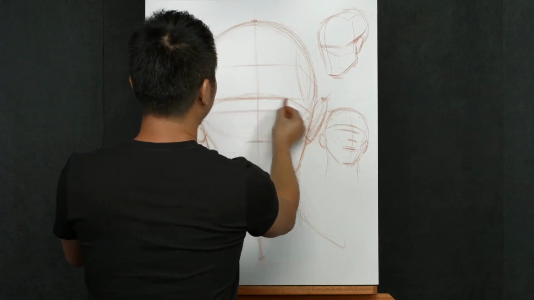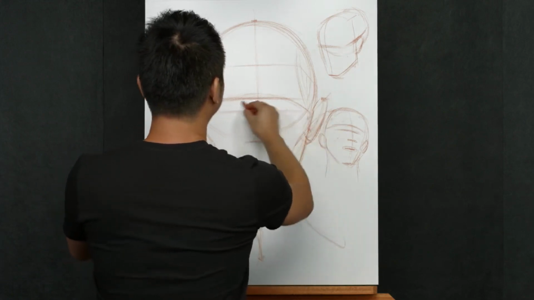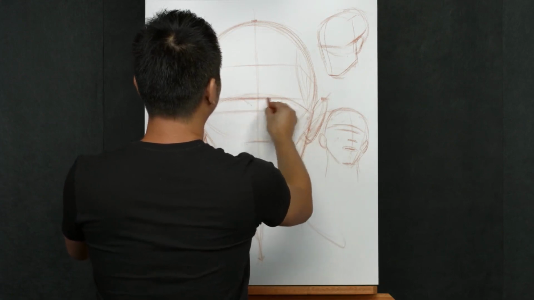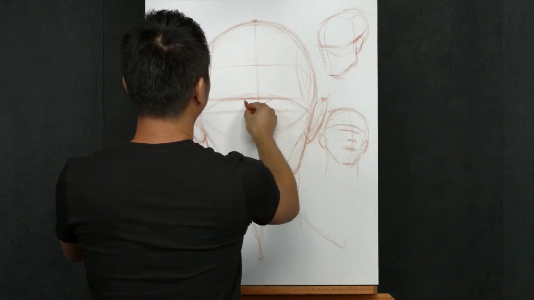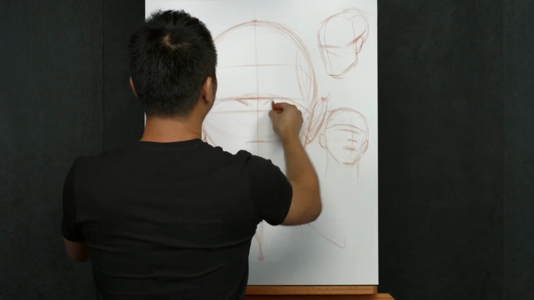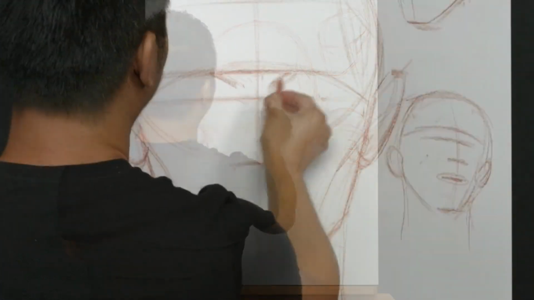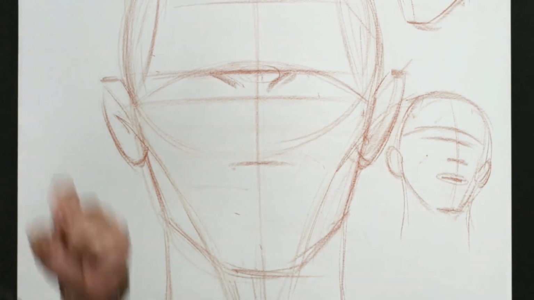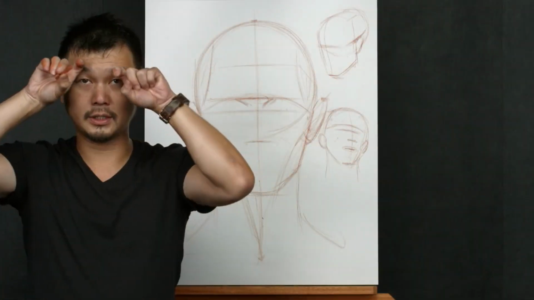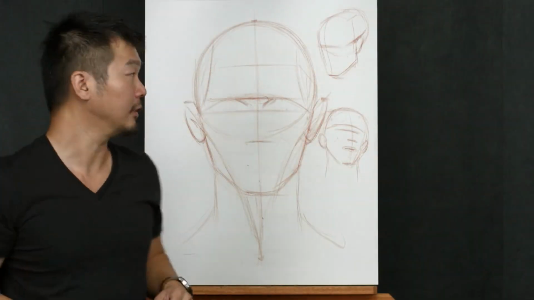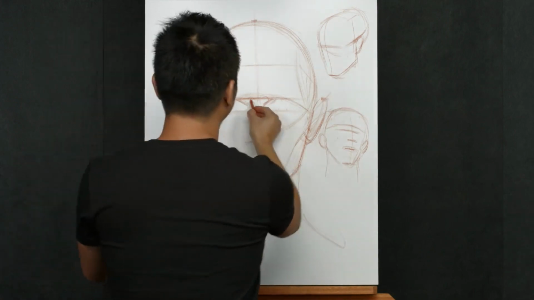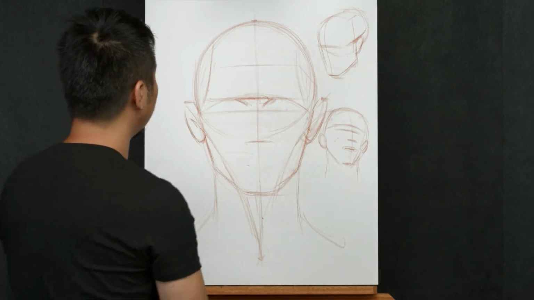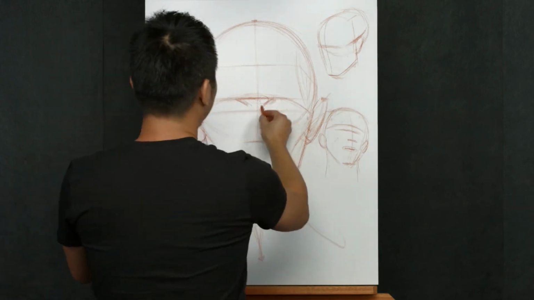Just think how we can drop those eyeballs into the right positions or placements. So here again, this is our eyebrow line. Here is the keystone, right between the eyebrows. You can see it looks like a V shape or some type of razor blade shape right between the eyebrows.